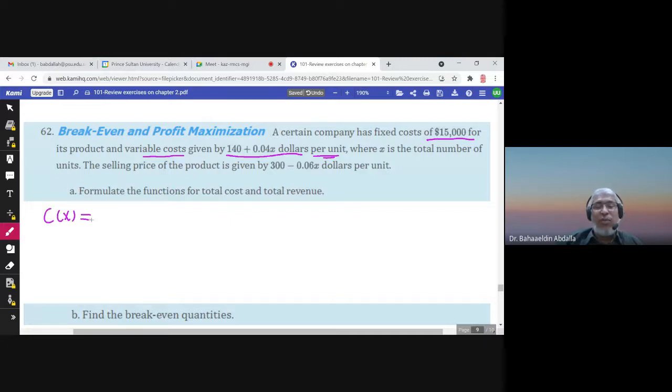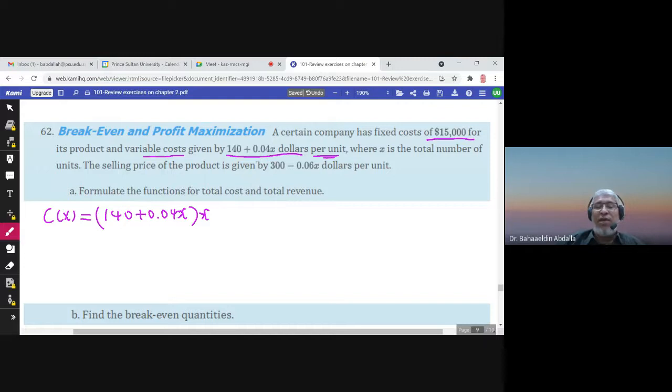The cost function would be... the variable cost, how do we write the variable cost? The price, which is 140 plus 0.04x, times the units, per unit. Remember, in the linear form in the previous chapter, if the variable cost is 10, then we write 10x.